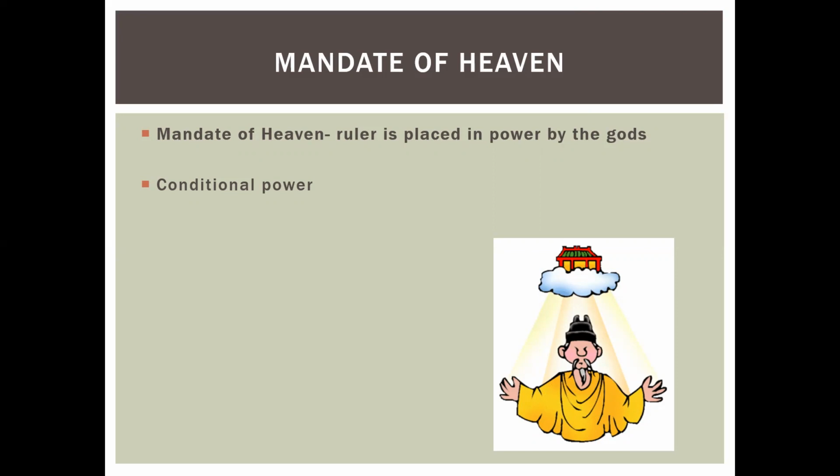And the mandate of heaven is a little different than absolute rule because there are things that an emperor can do if he is a poor emperor or governs the empire poorly. Then the heavens will make it known to him that he's not doing a good job. And so it's kind of a conditional position. You have to do a good job to maintain the mandate of heaven. And if you don't do a good job, well, the heavens are going to let you know.